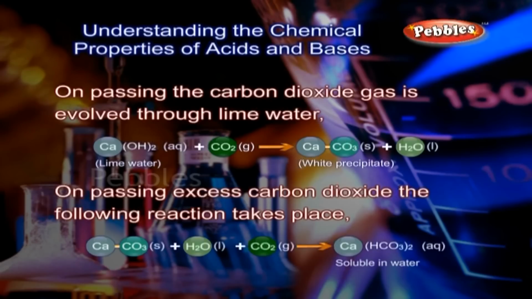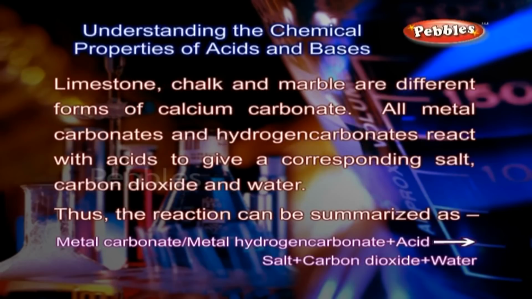On passing excess carbon dioxide, the following reaction takes place. CaCO3 solid plus H2O liquid plus CO2 gas gives Ca(HCO3)2 aqueous. Limestone, chalk and marble are different forms of calcium carbonate.